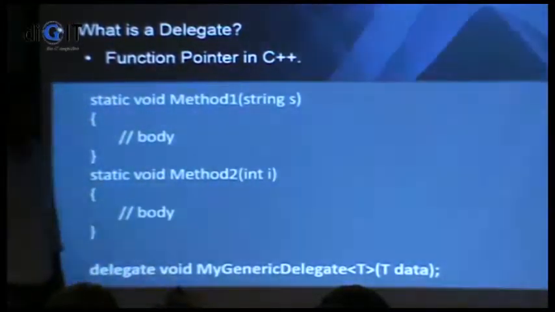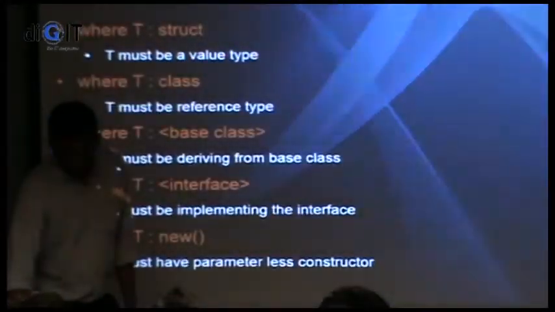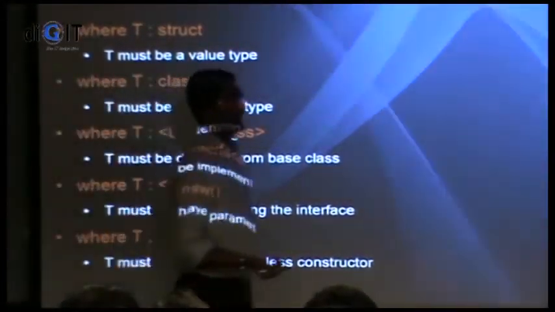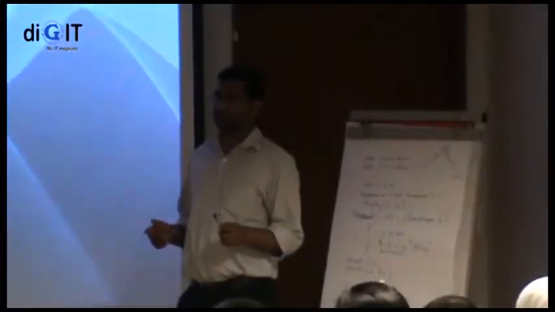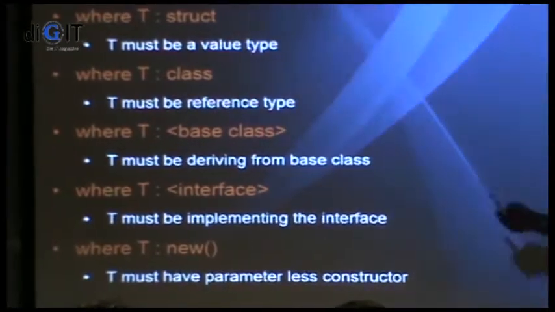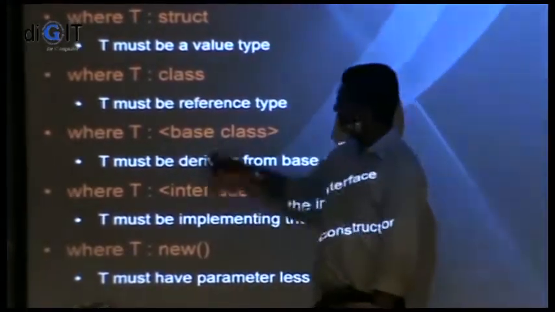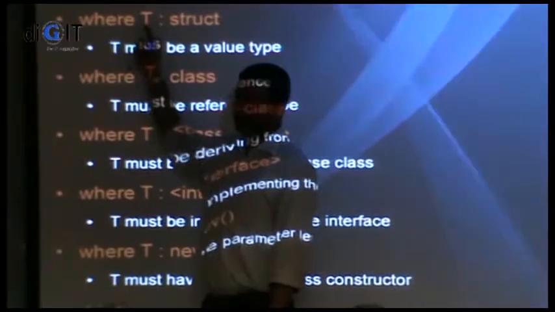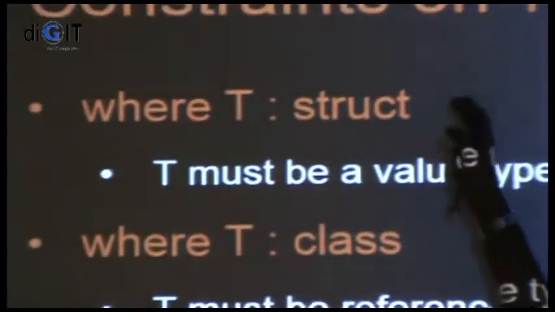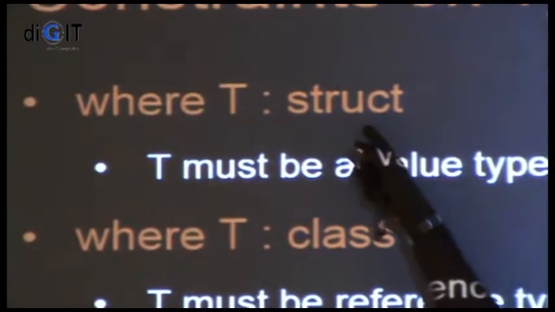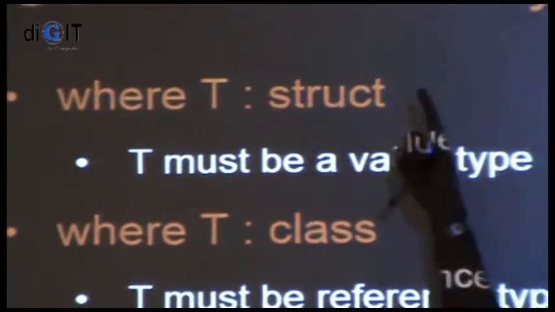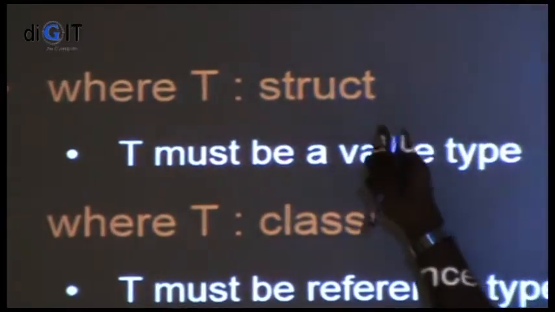So okay, now I have told you T can be anything, right? T can be integer, T can be basically anything. So you might be wondering if I can put anything. It's not fair, right? I should have some constraints on that. So I'll show you all these things. If I put where T is struct, struct is a value type, which means I can put any value types here, except string. String, even though it acts as a value type, is a reference type. Right?